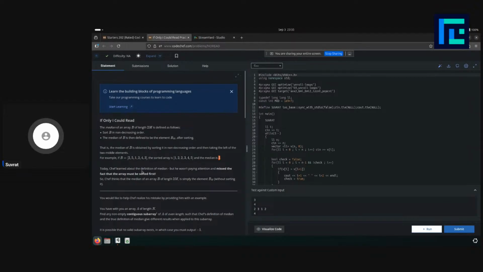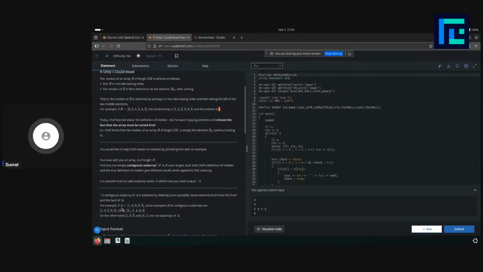Today, Chef learned about the definition of median, but he wasn't paying attention and missed the fact that the array must be sorted first. So Chef thinks that the median of an array B of length 2m is simply the element Bm without sorting it. You would like to help Chef realize his mistake by providing him with an example. You have an array A of length n.